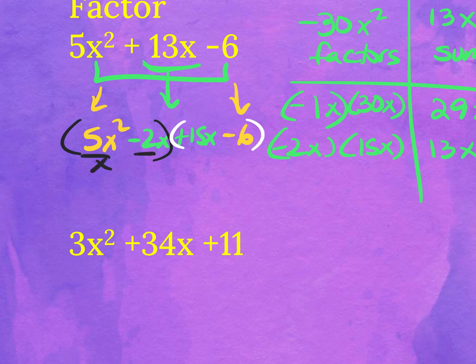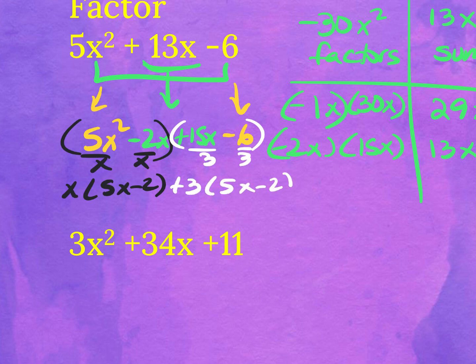So GCF here is x. 5x minus 2 remains. GCF of this group is 3. And again, I get the 5x minus 2. So no GCF was in the front, so I just have the x plus 3 and the 5x minus 2. And again, the order doesn't matter.